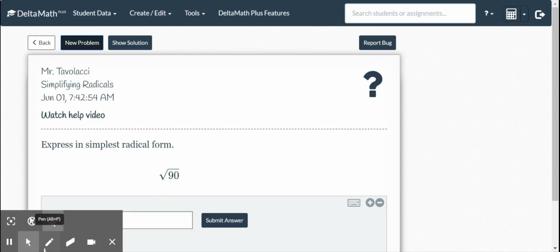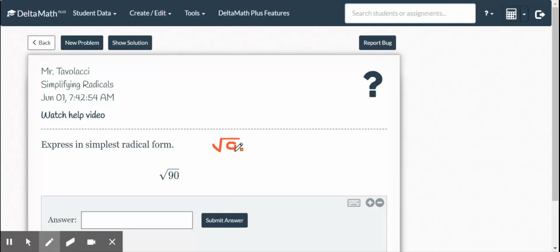Okay, square root of 90, we will break up. There's a good number of perfect squares that are less than 90, but we can clearly see the 9 sitting in there. So I'm going to break that up into the square root of 9 and the square root of 10.